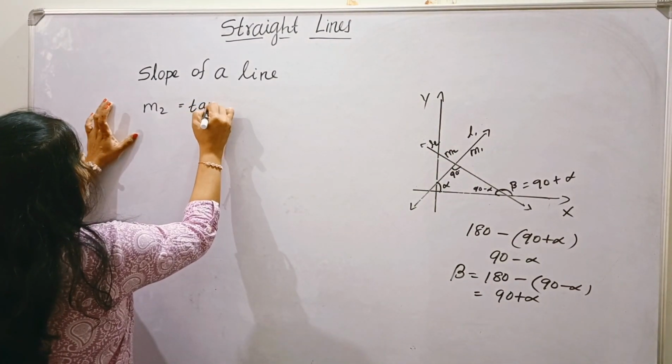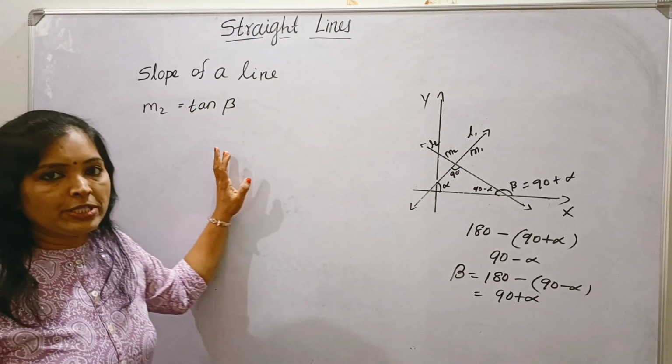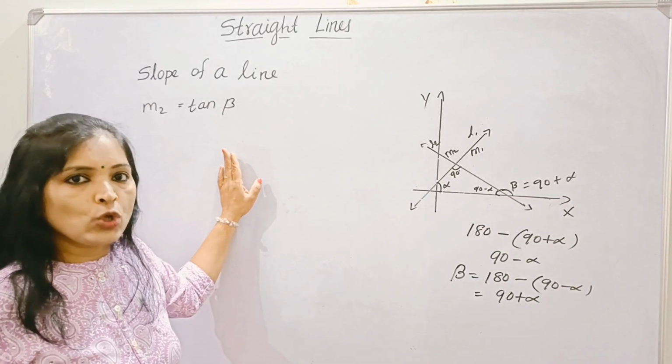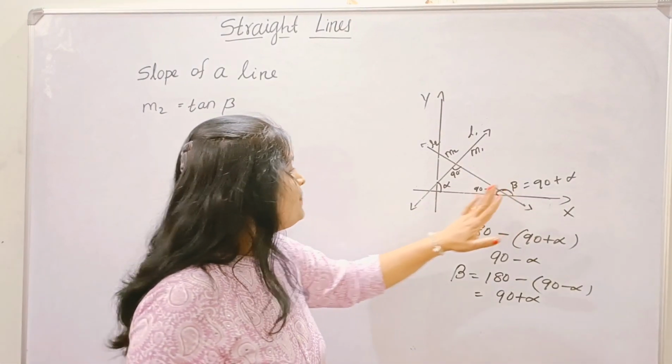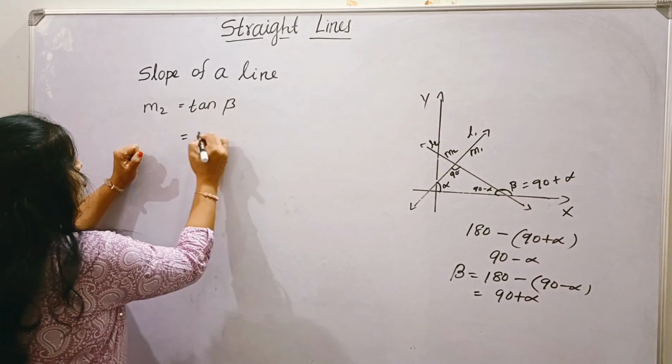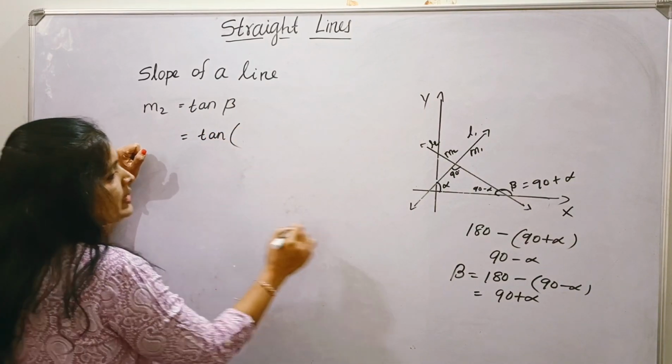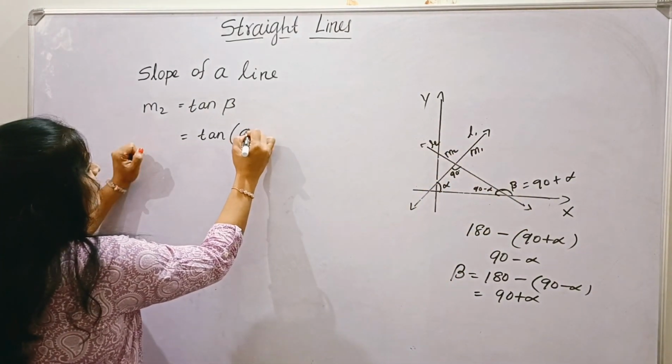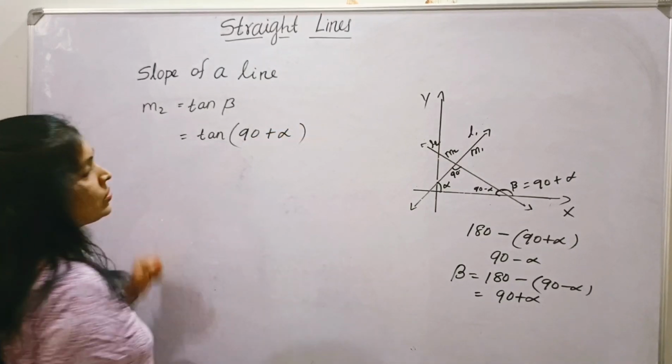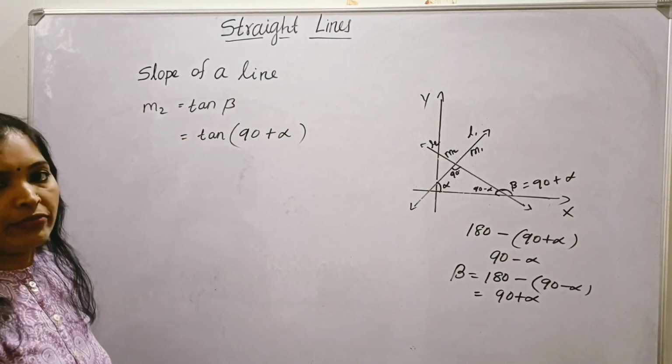Therefore, m2 is equal to tan beta by the definition of slope. What is beta? Beta is nothing but 90 plus alpha. So tan (90 plus alpha).